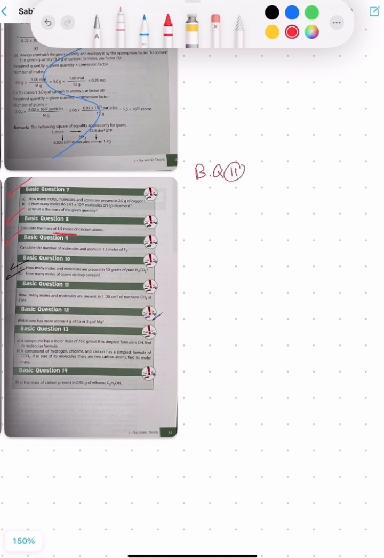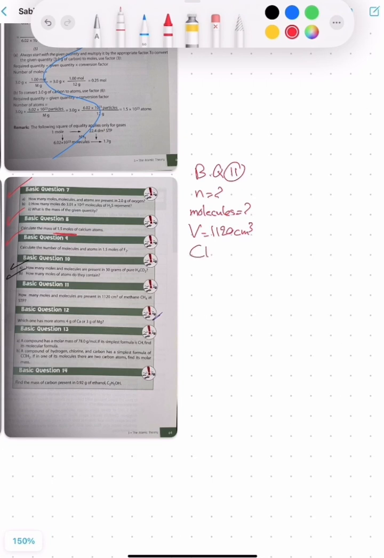How many moles are present in a volume of 1120 cubic centimeters of methane gas at STP?